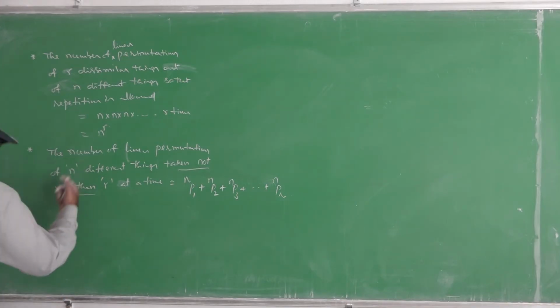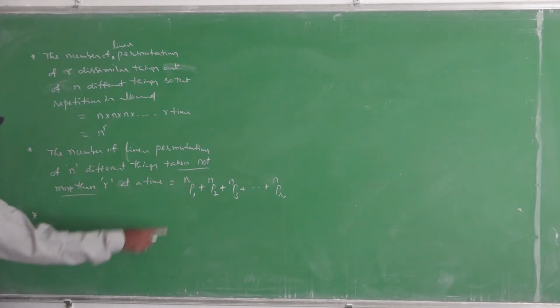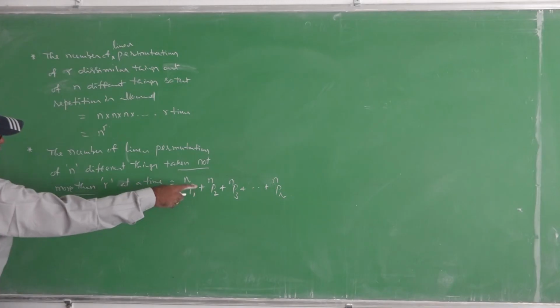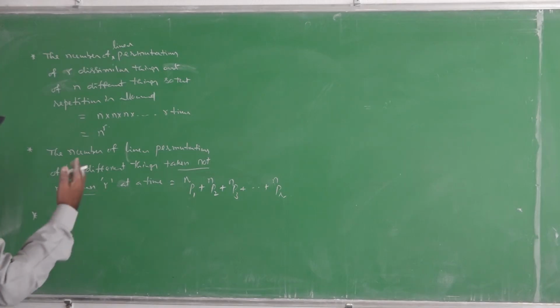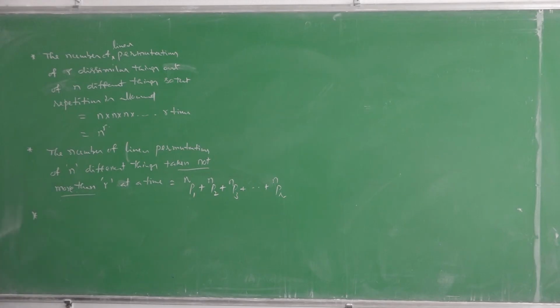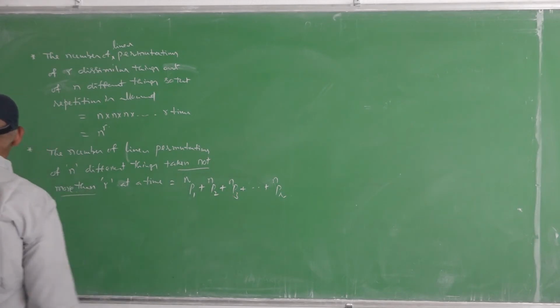This is the case where repetition is not allowed. If repetition is allowed, in each and every case, out of n things, arrangement of one thing, two things, three things, four things, like that you can take r things. In the case of repetition allowed, this is n, this is n square, this is n cube, like that.